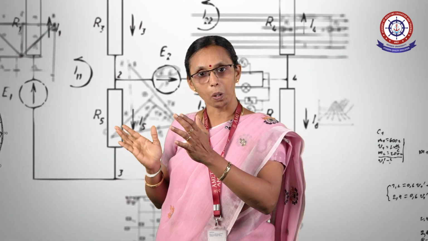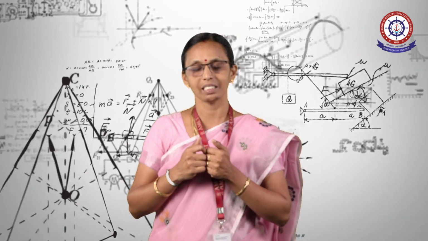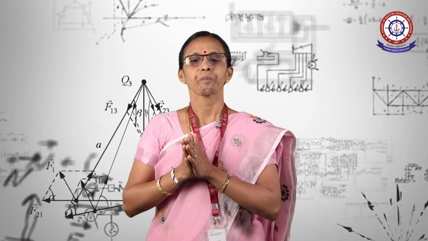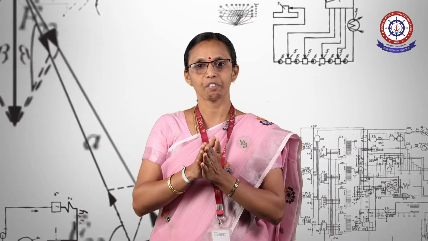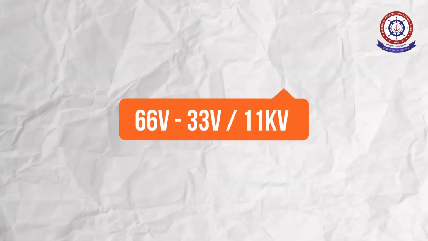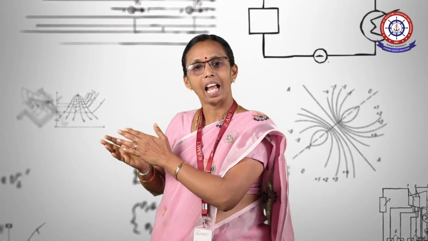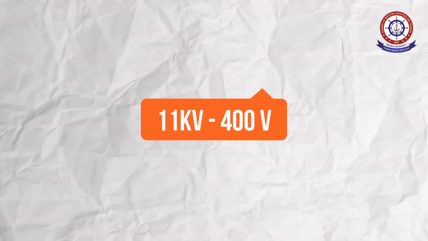All the other transformers used in the structure are step-down transformers, where the voltage is stepped down from 220 kV to 66 kV in the receiving end station, from 66 kV to 33 kV or 11 kV in the secondary substation, and from 11 kV to 400 volt or 230 volt in the distribution substation. This is the entire structure of the power system.